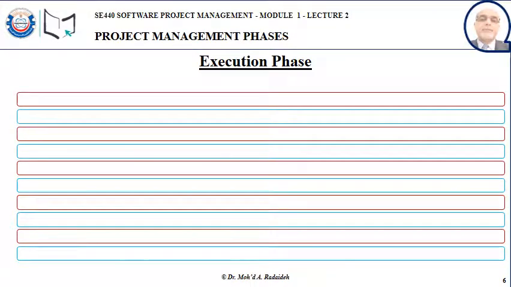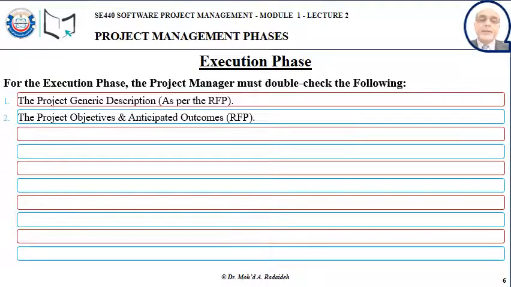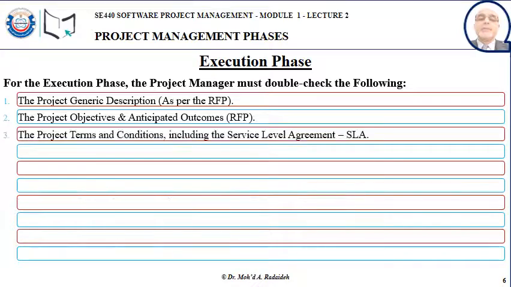With this execution phase, the project manager must double check a few things just to make sure that things are going the right way. For example, the project generic description must be consistent with that description that was provided originally in the RFP. Same with the project objectives and the anticipated outcomes.